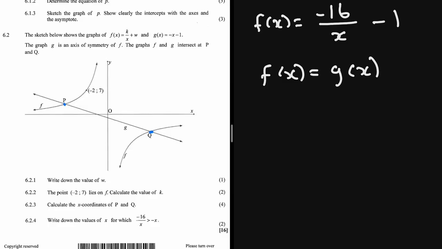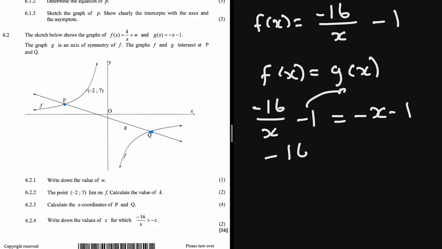So in this case, the function f is given as -16 over x minus 1, and then the graph of g is given as -x minus 1. So if we solve this out, we can just transpose this -1 to the other side. So this is going to be -16 over x, and then we have -x minus 1 plus 1, which will make this 0 here.